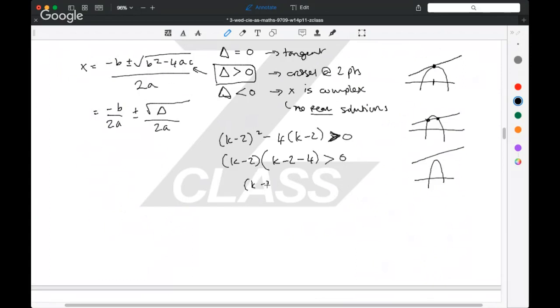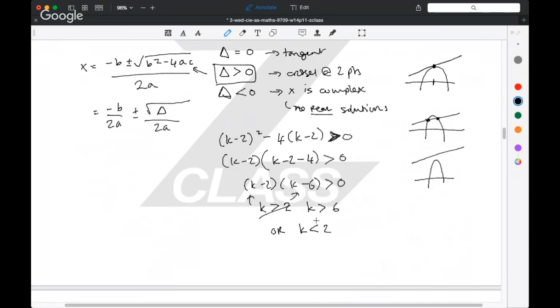So let me just simplify it a bit more. If k is greater than 2, then this thing is positive. But then this thing, k actually needs to be greater than 6, because this thing also needs to be positive. So either k is greater than 6, or if k is less than 2, then this thing is negative, but then this thing is also negative.